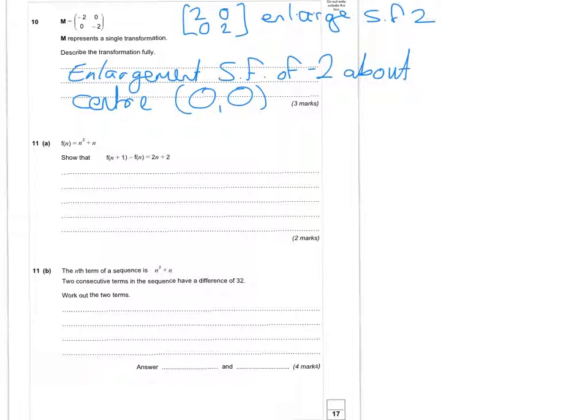Question 11, Fn equals n squared plus n. Show that f of n plus 1, so the next term, minus Fn. Okay, so (n plus 1) squared plus n plus 1 minus (n squared plus n). So this is n squared plus 2n plus 1 plus n plus 1 minus (n squared plus n).